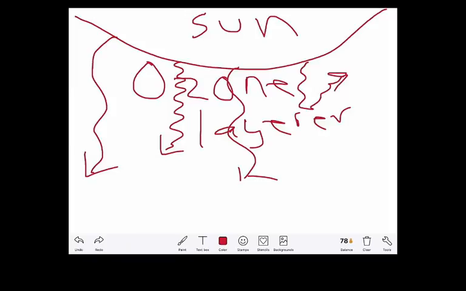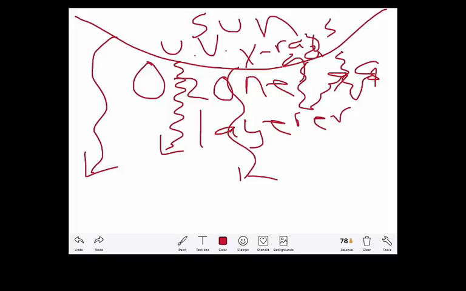The ozone layer reflects those harmful wavelengths such as ultraviolet radiation, X-rays, and gamma rays. Ozone reflects harmful ultraviolet radiation, X-rays, and gamma rays back out into space.